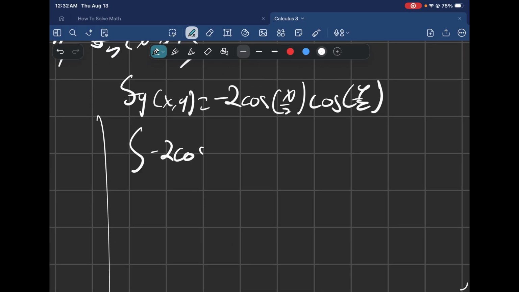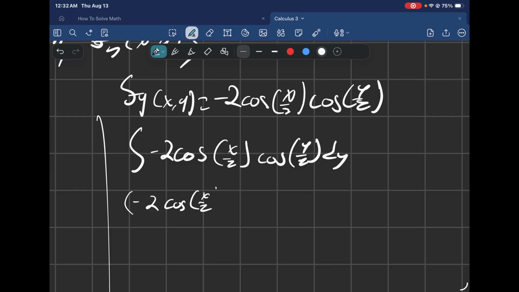So the antiderivative of cos x over 2 cos of y over 2 with respect to y is going to be, we can take this part out since it's going to be treated as a constant, times, this is just sine y over 2 times 2. Same thing here.